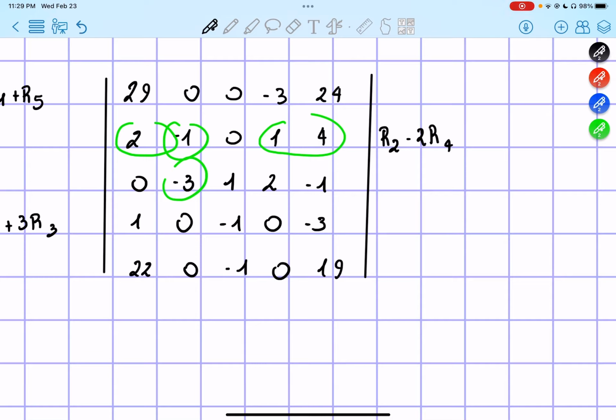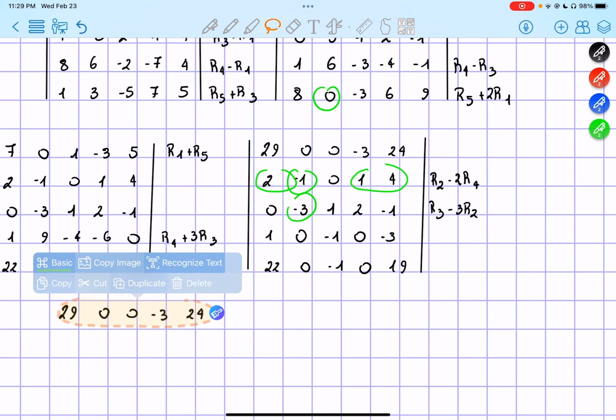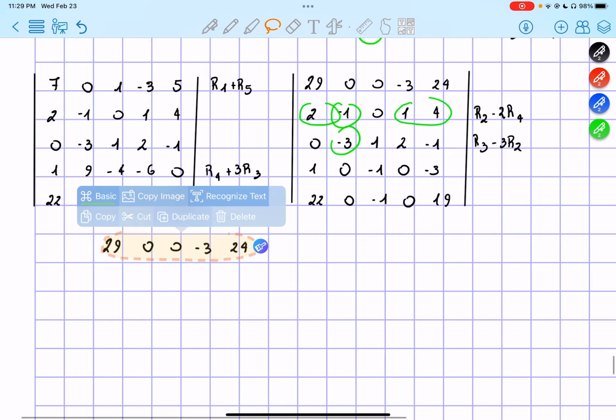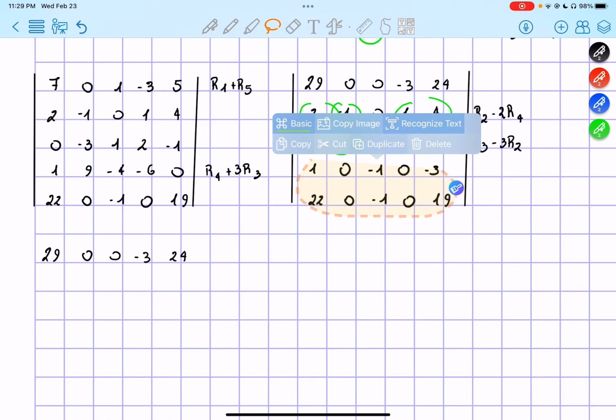And then we'll do row 3 minus 3 times row 2. So everything else remains unchanged except for these 2 rows. So this one, copy and paste over here. And then these 2 the same.